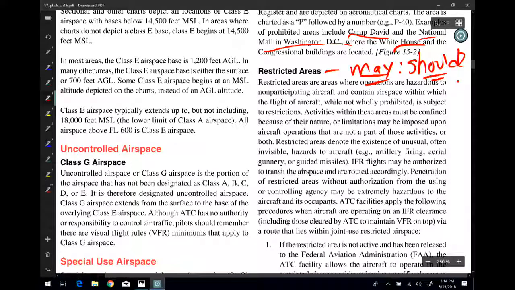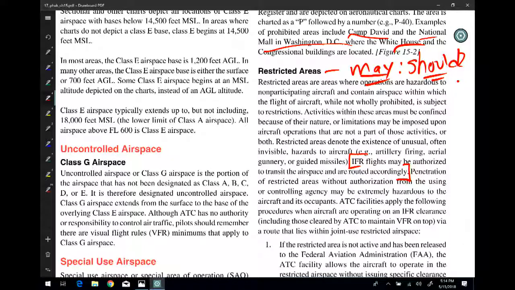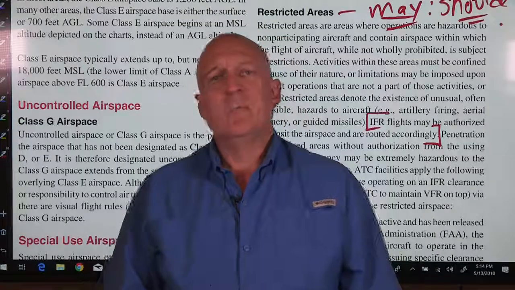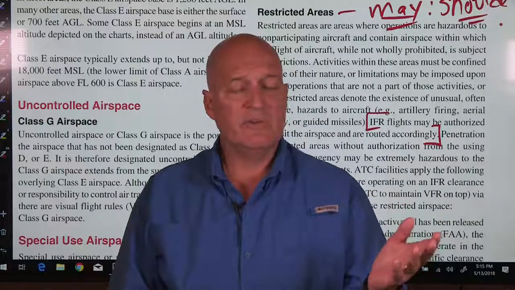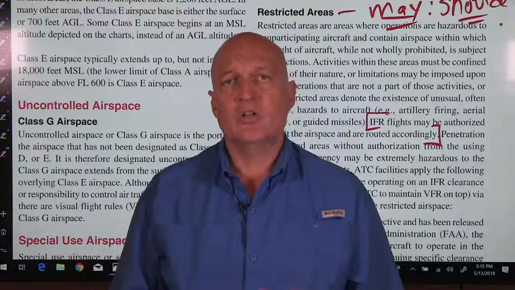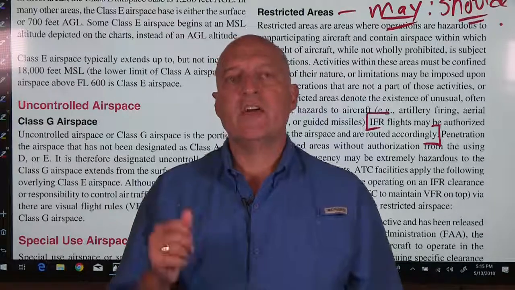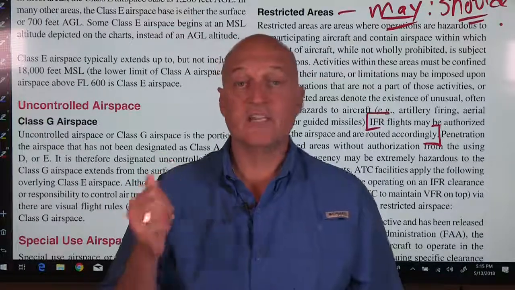One of the things that can happen is that under IFR flight plans, you may be able to transit that airspace and be routed through those areas. But that would be the only time that I would feel comfortable going through any form of a restricted area at all. And ATC is going to know if that area is hot.